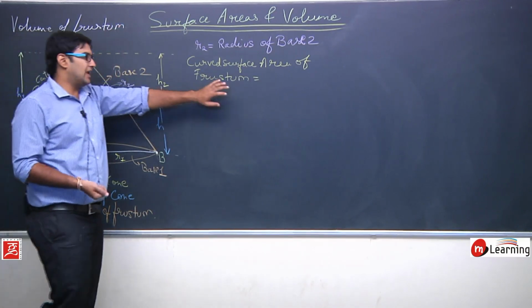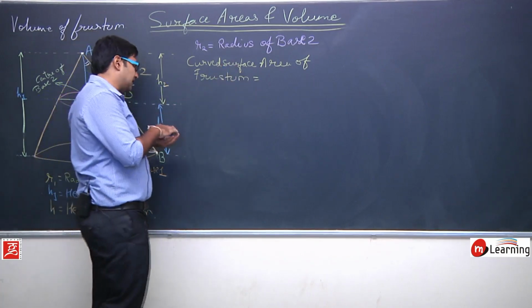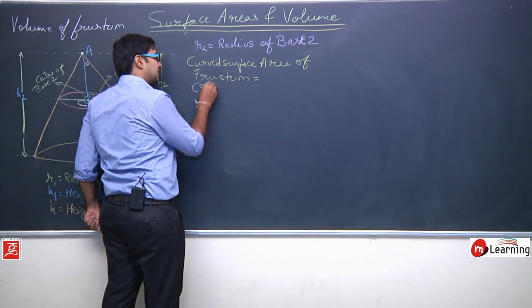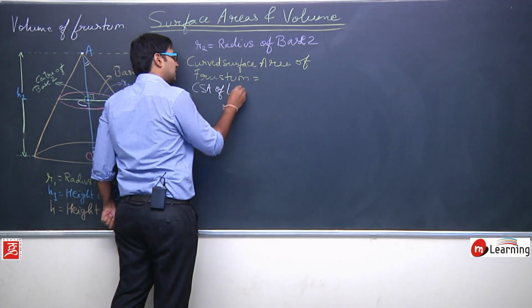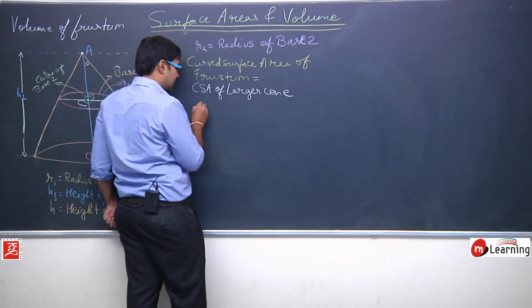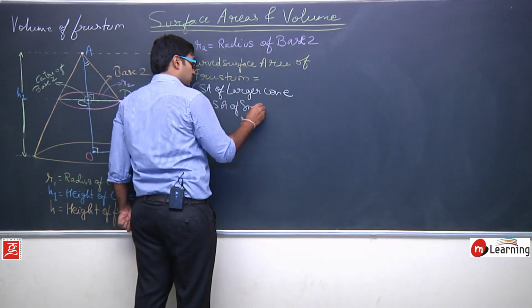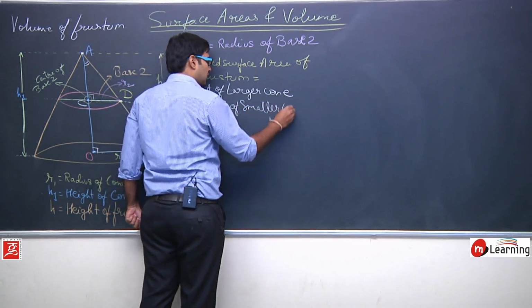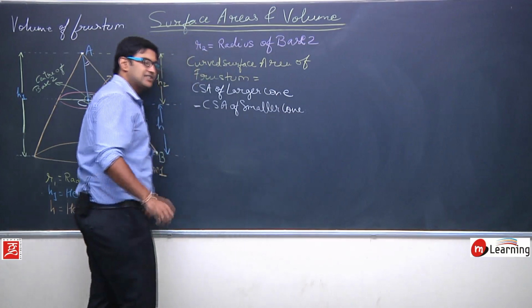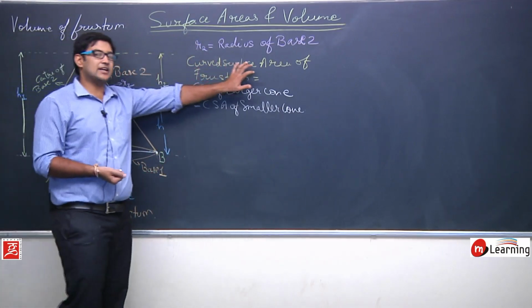So simply what I can see is the curved surface area of frustum can be written as curved surface area of larger cone minus curved surface area of smaller cone.